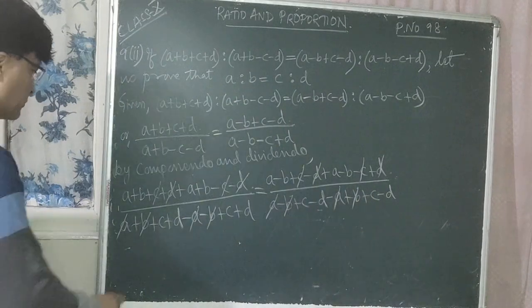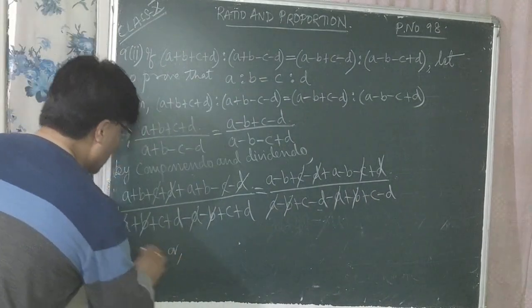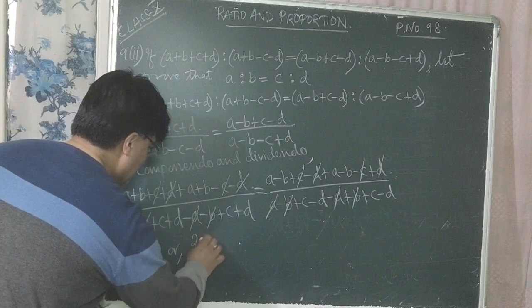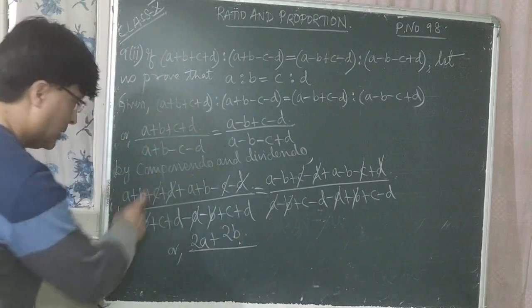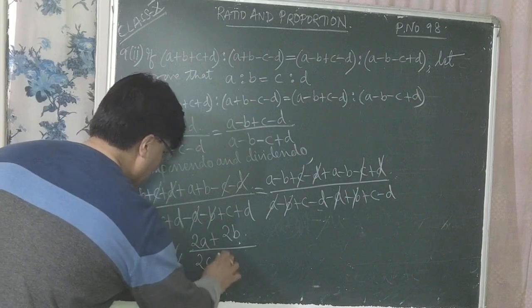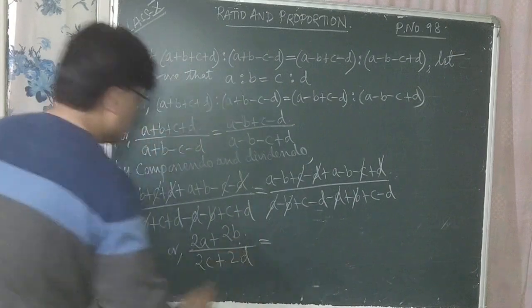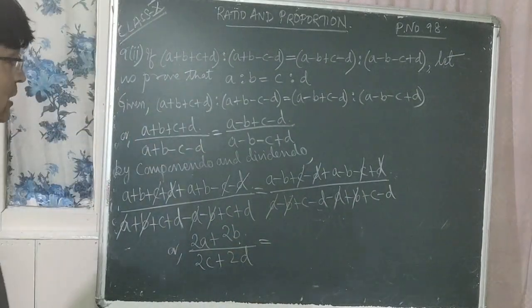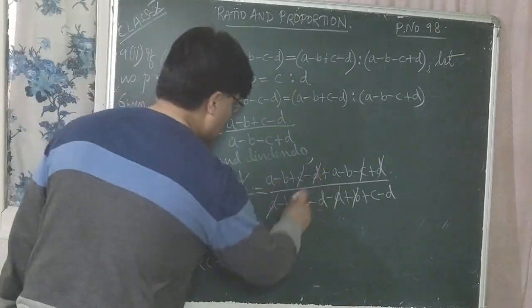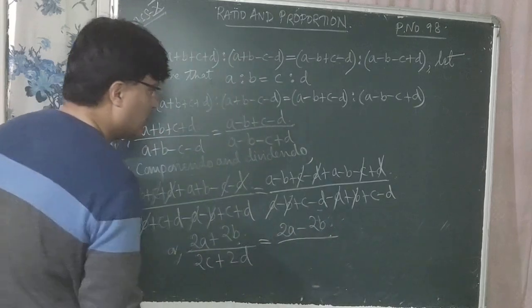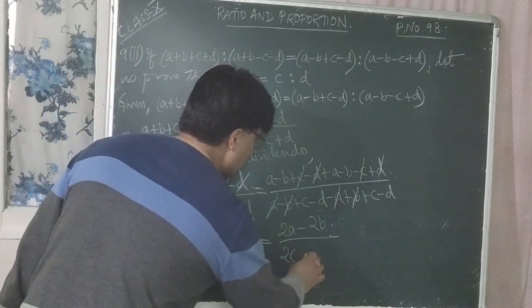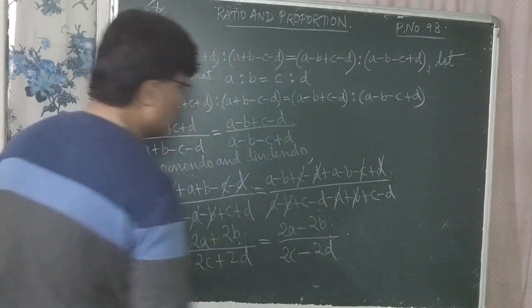So what are the remaining terms now? A plus A, 2A, plus B, 2B, divided by, in the denominator, 2C plus 2D, is equal to A plus A, 2A, minus 2B, divided by C plus C, 2C, minus D minus D, 2D.